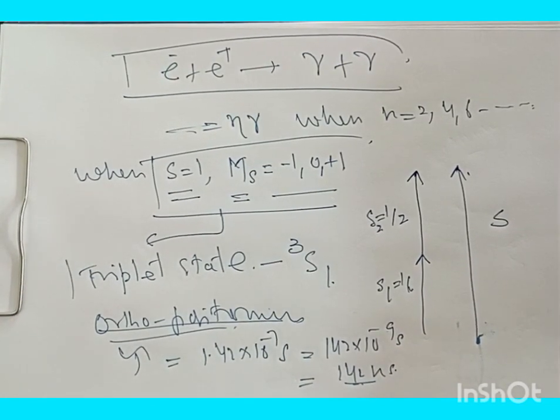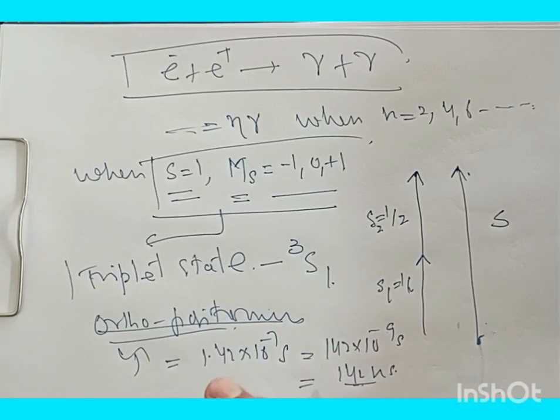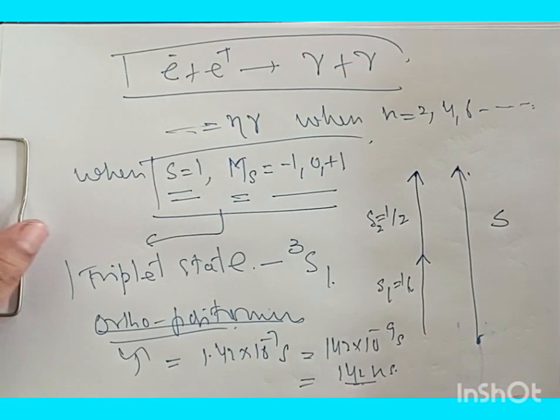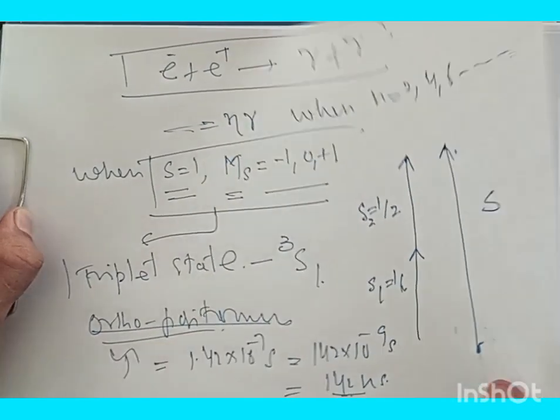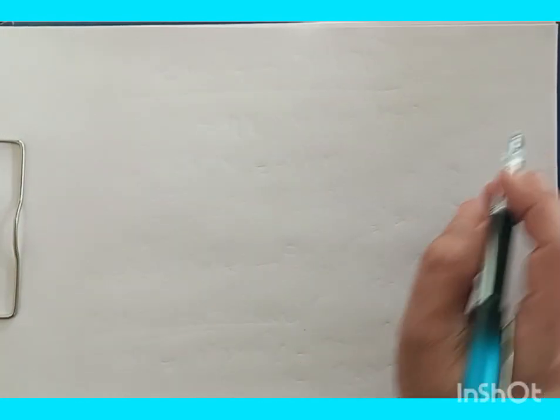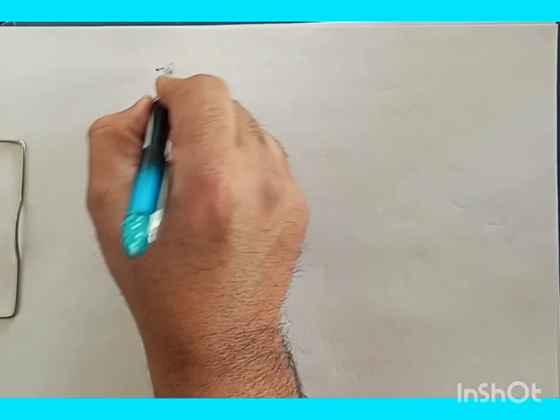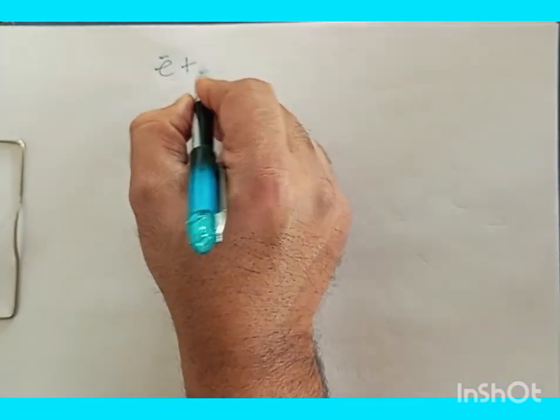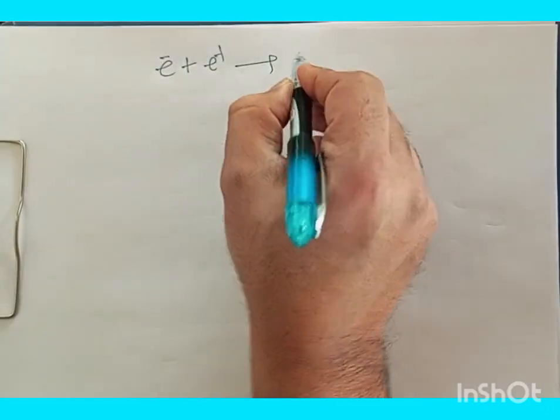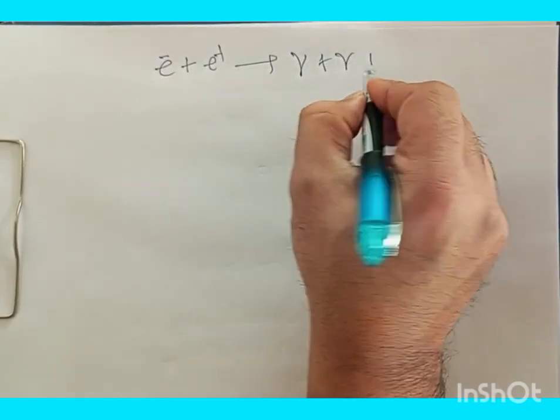What happens in this case is that this orthopositronium decays into 3 gamma ray photons, or we should say it has a probability of decaying into an odd number of gamma ray photons. So if I take e negative and e positive, we'll have gamma, gamma, and gamma.